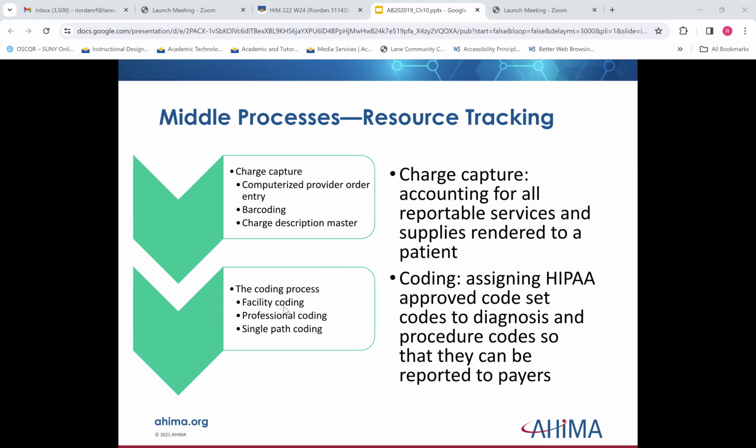And again, as it talks about here, there is facility coding, in other words, the codes for the facility where the service is being rendered, professional coding, which is the technical component in CPT, in other words, what the physician or provider is coding and billing, and then there's single path coding. Single path coding involves people coding both the facility and the professional coding. So we'll take a closer look at those.